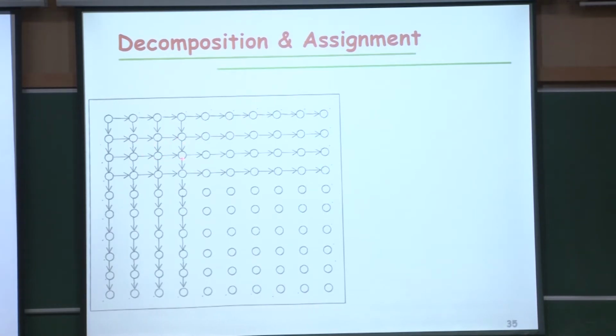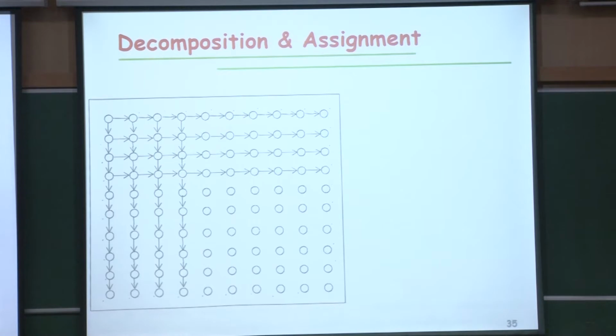In some sense there is a lot of synchronization that I have to do before I can ensure that this task can be executed. If I have put each one of these grid points as parallel tasks, then in order to say that this particular parallel task can execute, I have to ensure that this parallel task has completed, that parallel task has completed, and only then can this task execute.